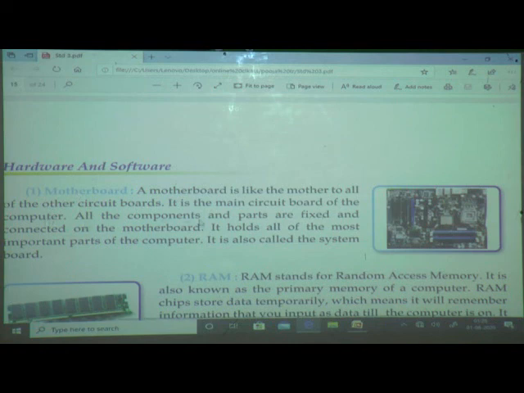All the components and parts are fixed and connected on the motherboard. This motherboard is like a real mother for the computer. It holds all the most important parts of the computer. It is also called a system board.